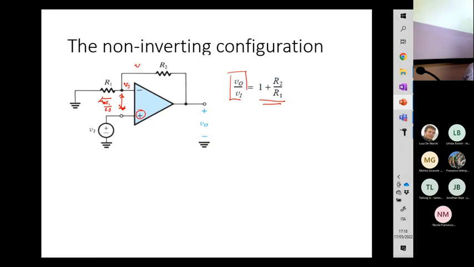The same current must flow also in this branch, thus determining a voltage drop across R2. And the final result is that we have this relationship.